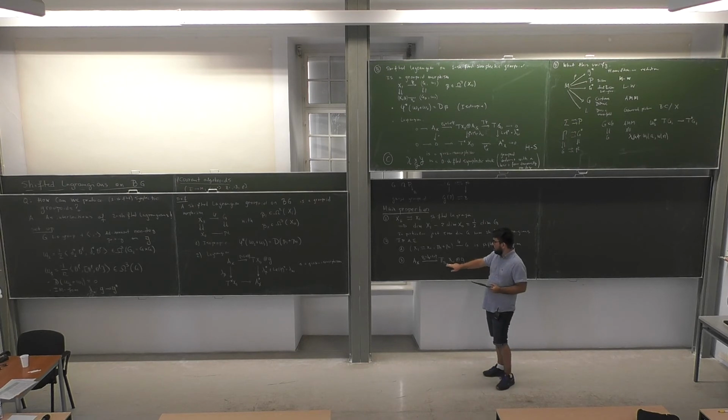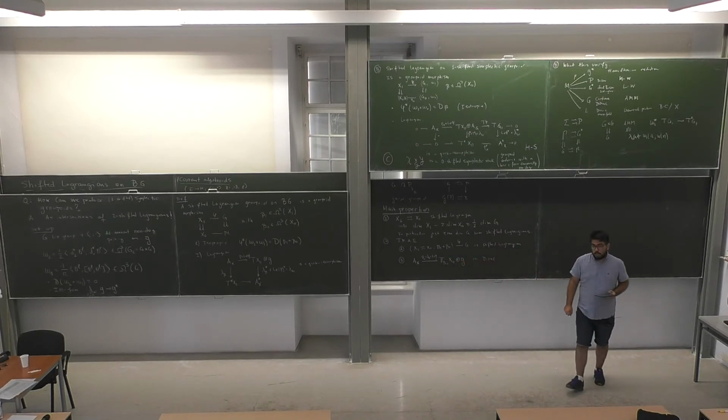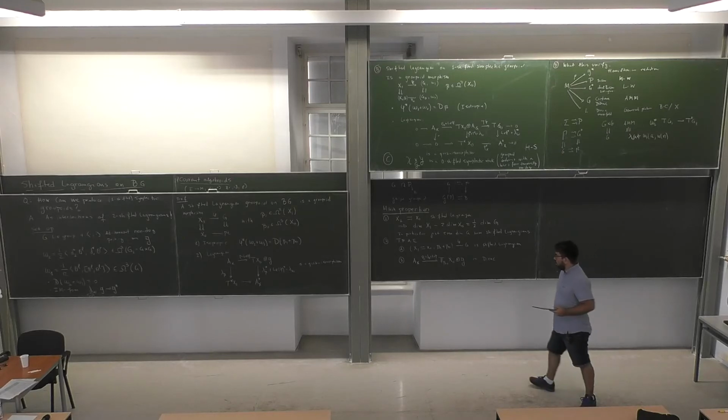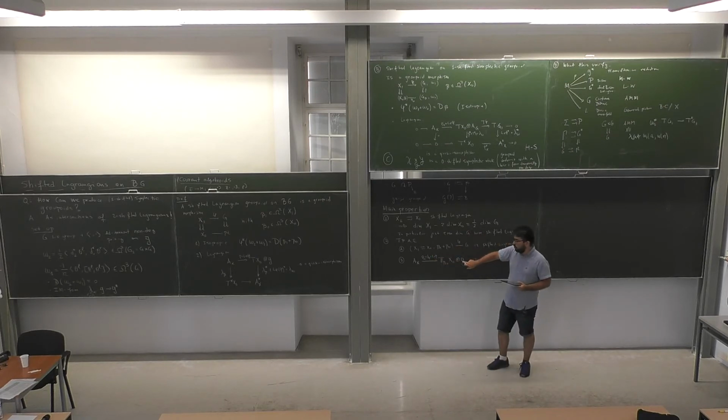So it's the standard Courant algebroid twisted by beta 0, and then I add this Courant algebroid G over a point. Is the differential of this map that goes from the Lie algebroid A of x to G.